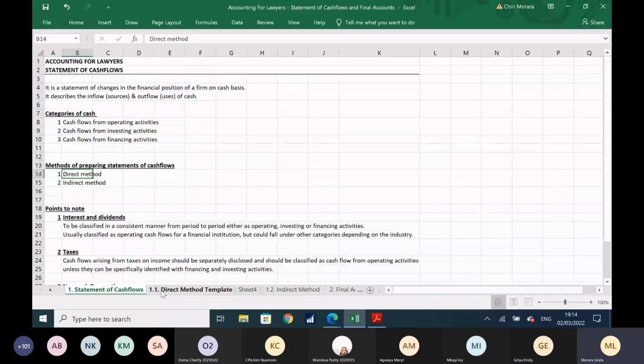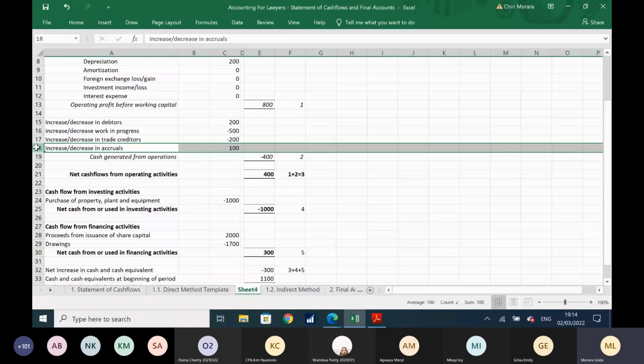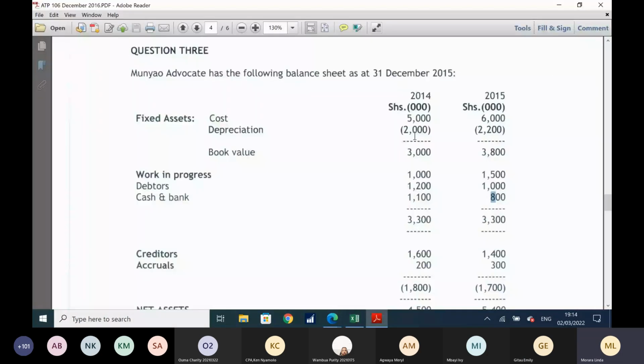Yes. So on accruals here, I can just go to the question. So this column is 2014, this column is 2015. We are reporting for 2015. So what we are saying is, at the beginning, in January of 2015, because you see, when you're given 2014, this means this is what they closed.